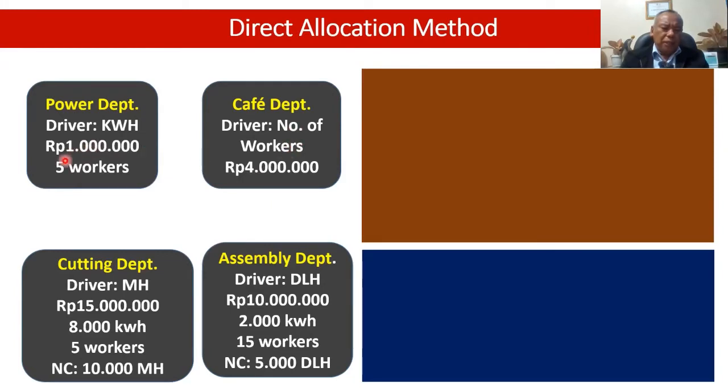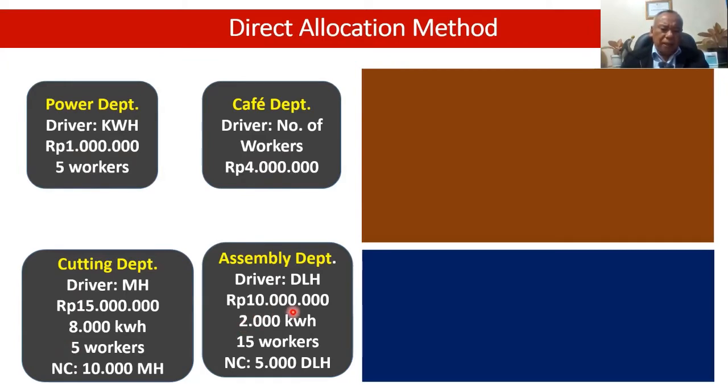But in this case, we don't discuss how to allocate the indirect department costs. It is already given: power department 1 million, cafe 4 million, cutting department 15 million, and assembly department 10 million.